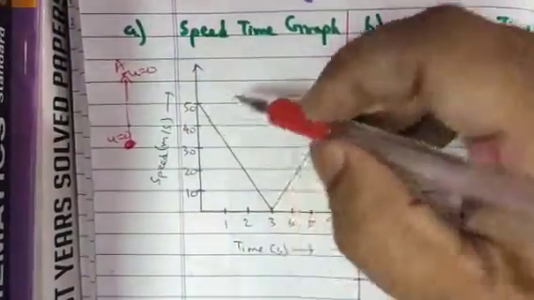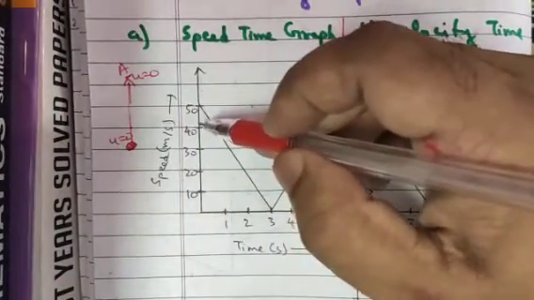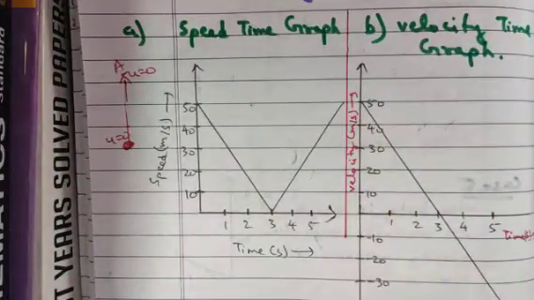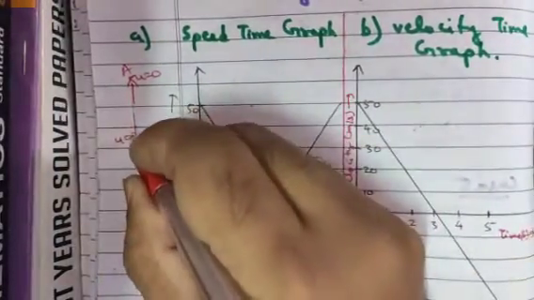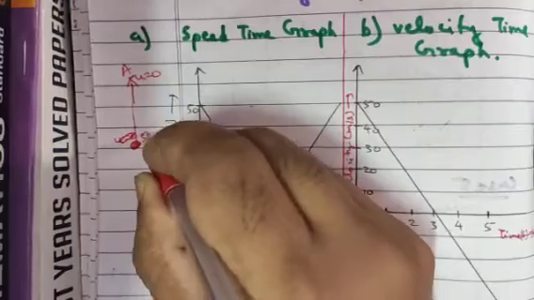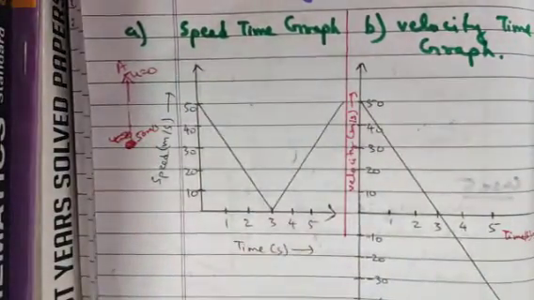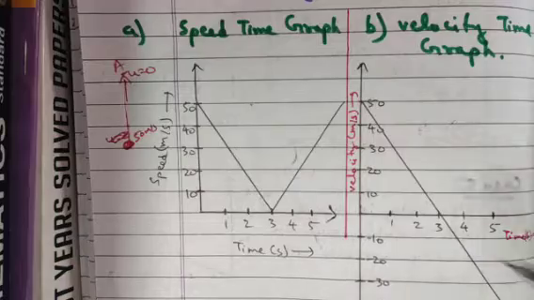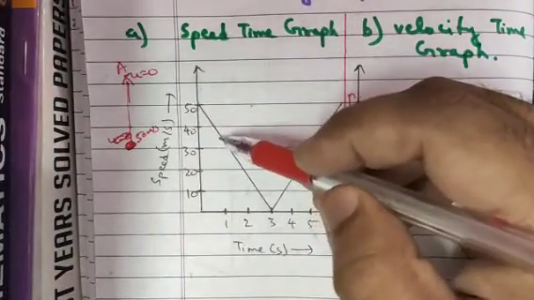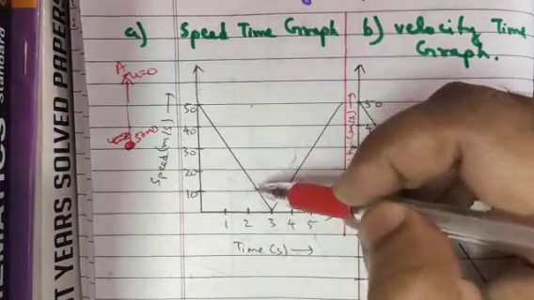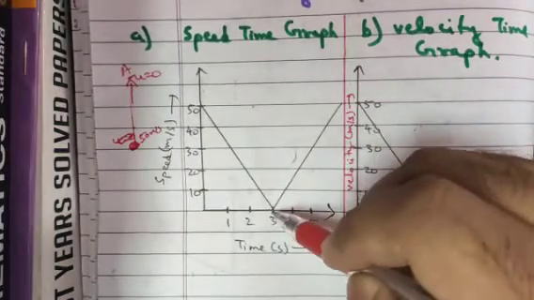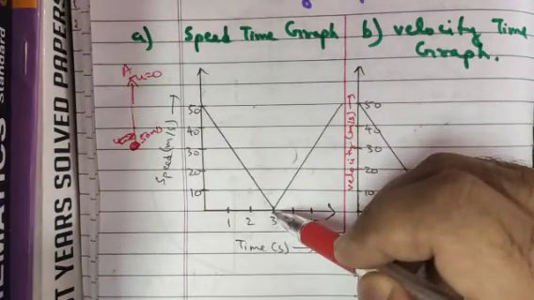So here speed will be decreasing. Here the speed will be suppose 50 meter per second, and it keeps on decreasing. At maximum height it will become equal to 0. So from 50 meter per second, 40 meter per second, 30, 20, 10 and 0. At 3 seconds the speed is 0 meter per second.